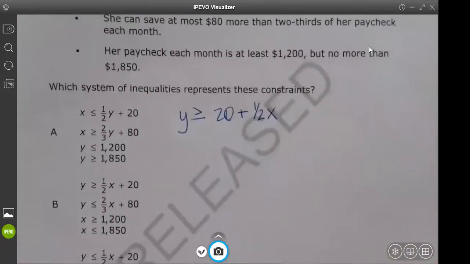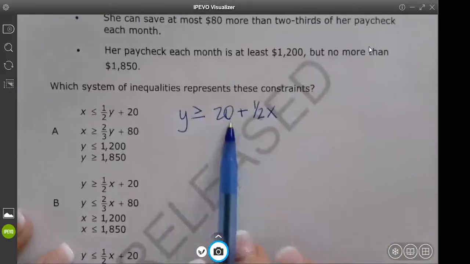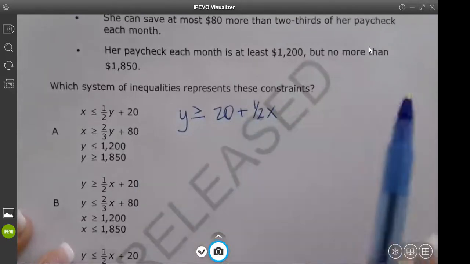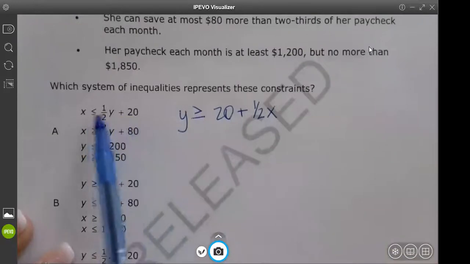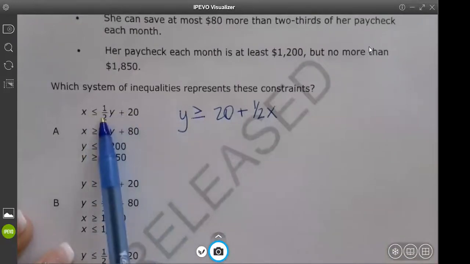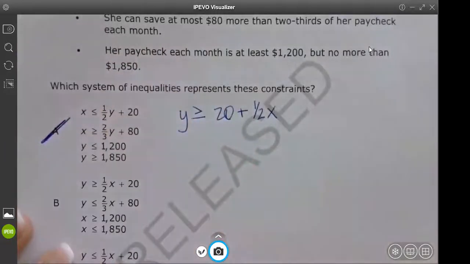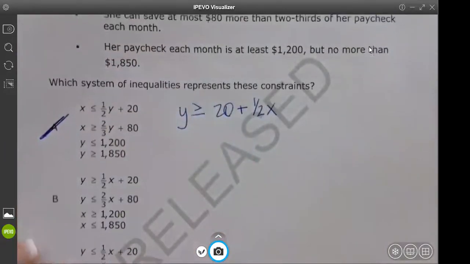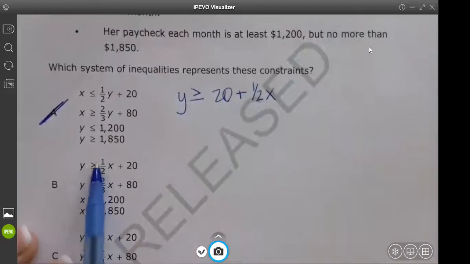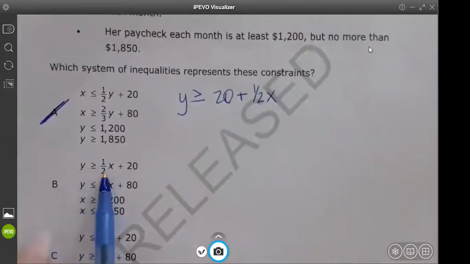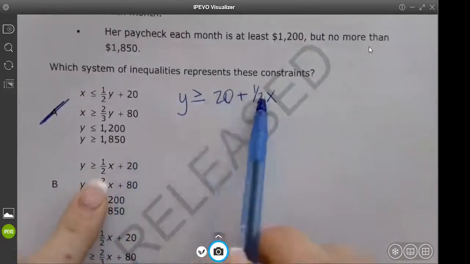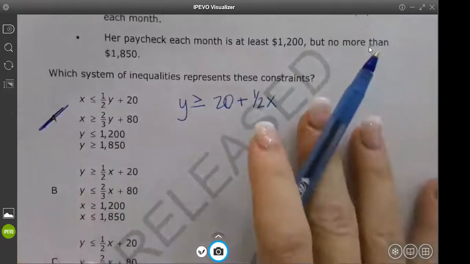Y is greater than or equal to 20 plus 1/2 X. And it might be flipped around and that's fine. So here I have 1/2 Y and 20. That's not good, so it's not A. I can already eliminate A because that equation is not even in there. Look at this one. Y is greater than or equal to 1/2 X plus 20. They just switched them around, right? So that one's okay for right now.